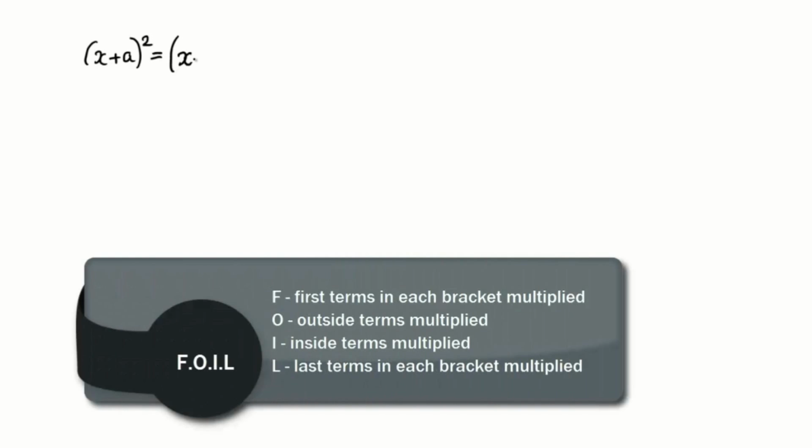Here's the basis of what we're doing. We need to look at the reverse process first so that we can see what the point is. Now if I start off with a bracket squared, like this, and expand it out using the FOIL method. I've said this before, it's up to you how you expand it out.